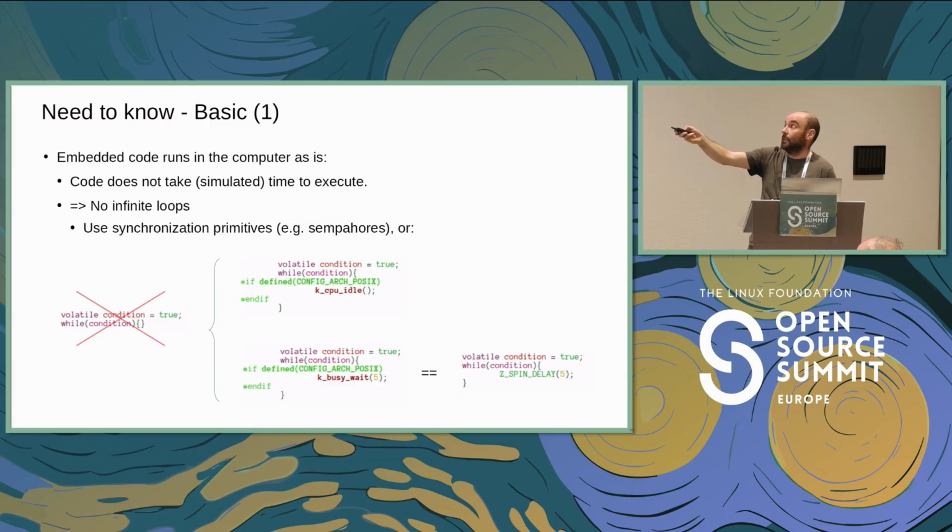And if you do this, then your interrupt will come, and it will actually run the interrupt handler and will wake the CPU, and the condition will change. Or you can actually add a small busy wait so that you will let time pass and things will happen. You can either do it this way, or you can use this macro which expands to exactly this. This macro just expands to it, it's nothing else.